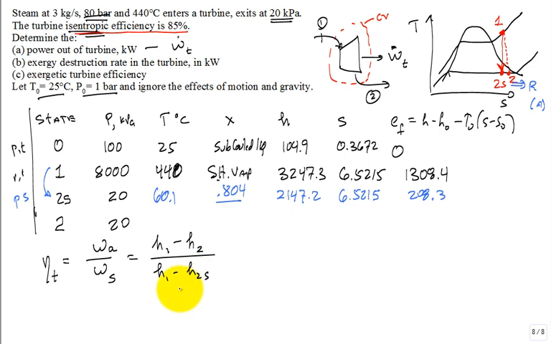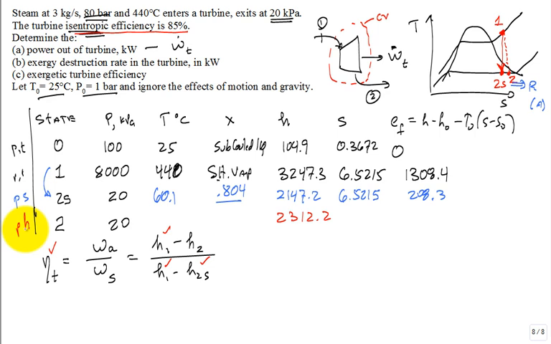And so we say, this is 85%. H1 is known. H2 isentropic we just found. Hence we can get H2. And so H2 comes in at 2312.2. So it's pressure and enthalpy that allow us to fix the state 2.